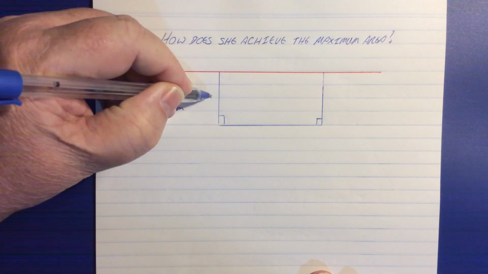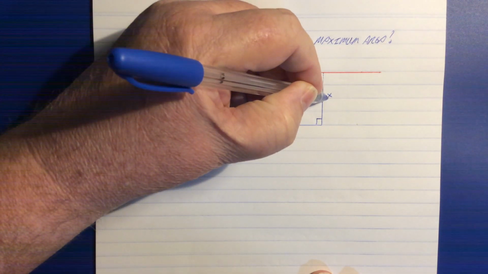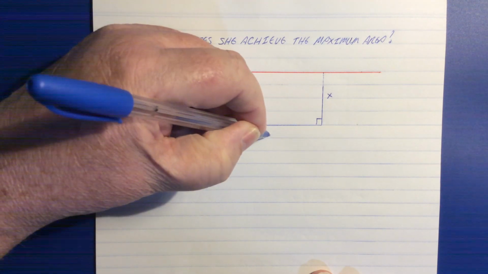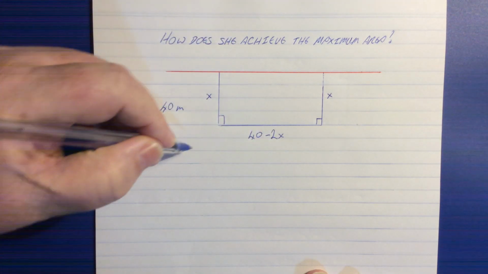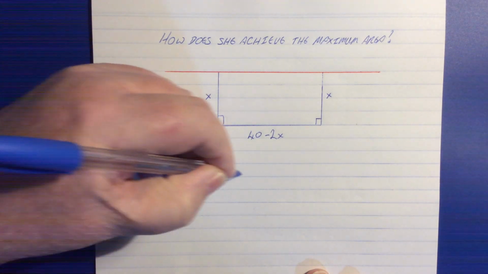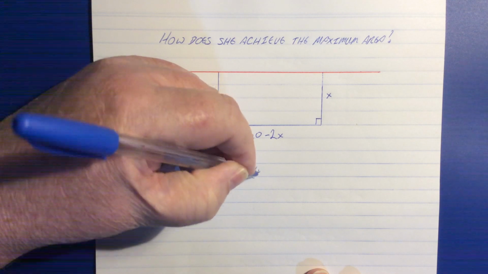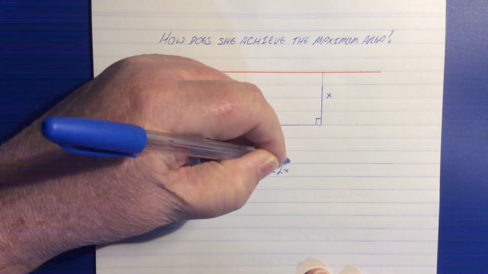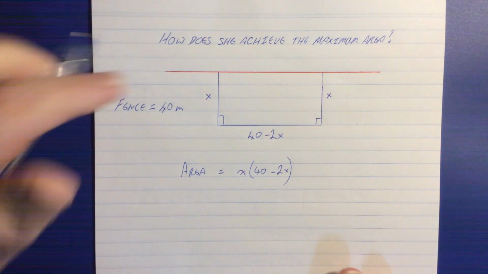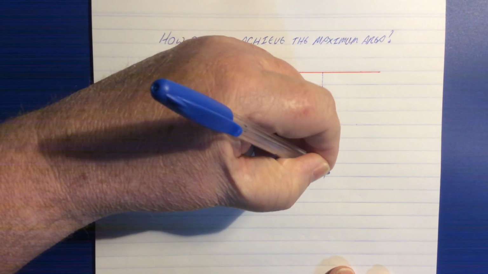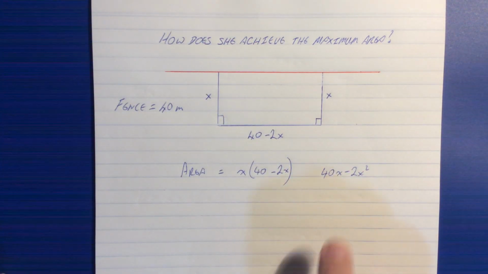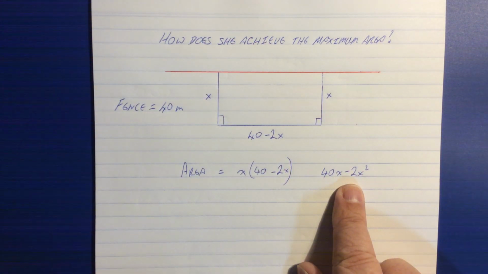Now, if we call this side x and this side x, then this length here must be 40 minus 2x. And our area calculation is going to look like this. Okay, so let's expand that. So we get 40x minus 2x squared. Now that's our expression for area.